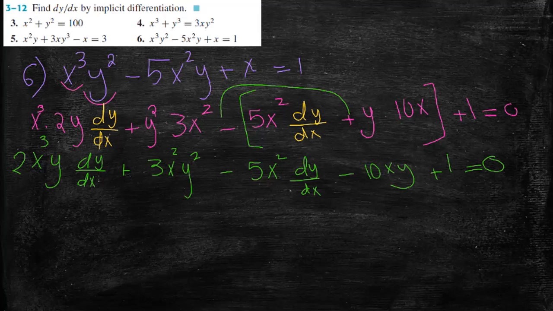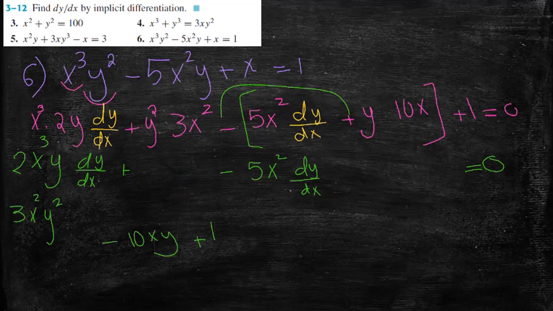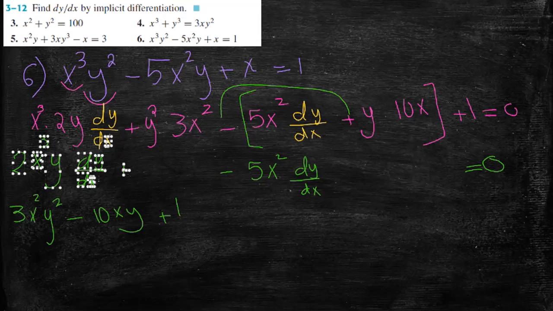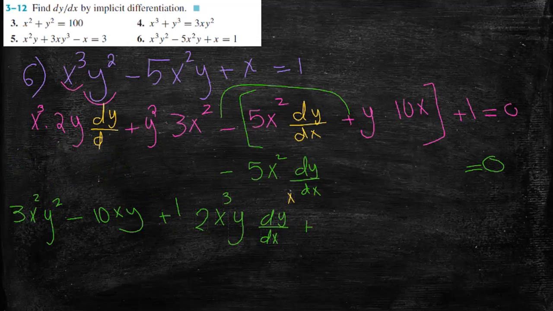Let's now gather these parts that have dy over dx on one side.